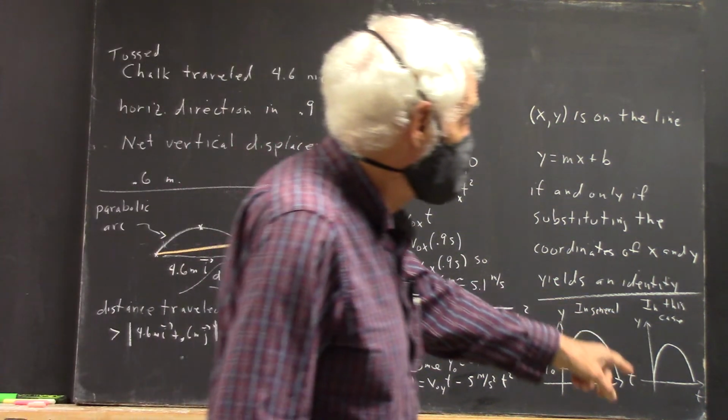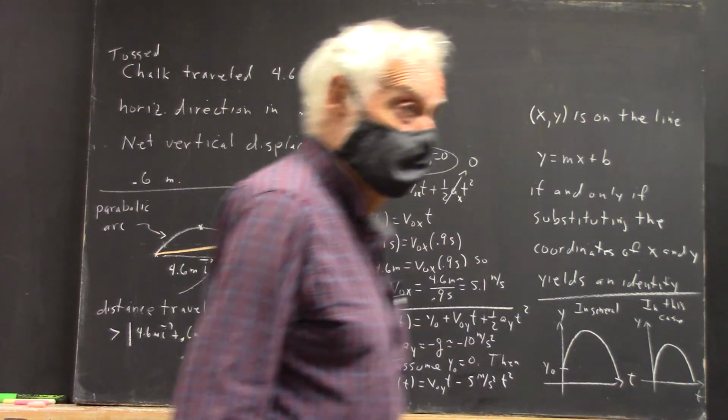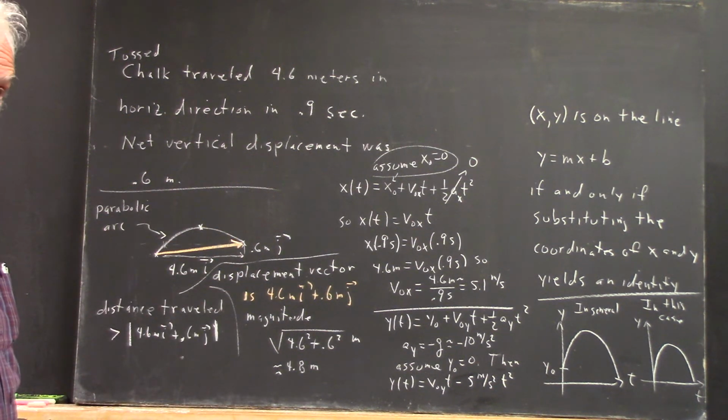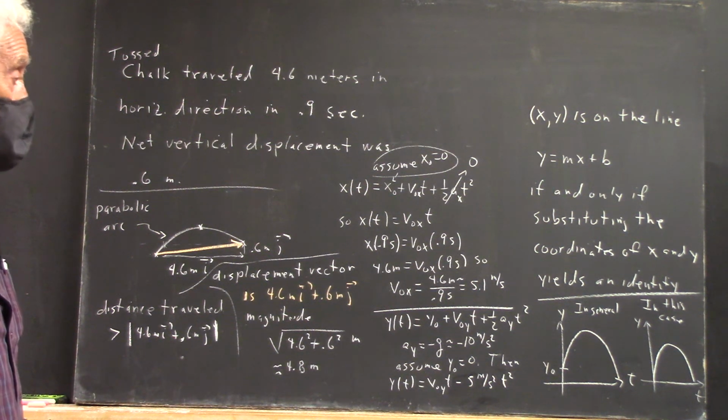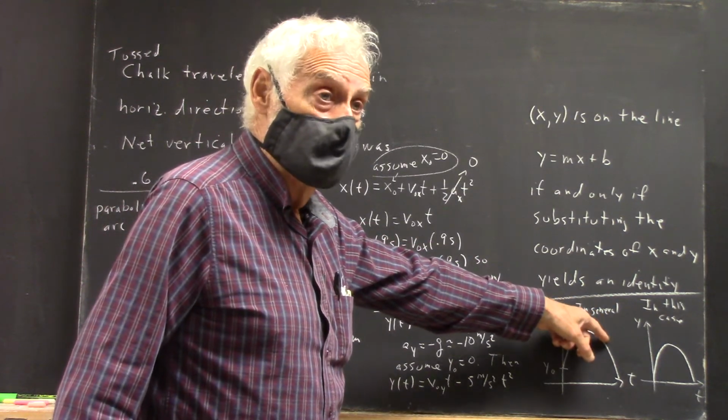And this is a little more abstract. This is y versus t. You can't see this. You can watch this arc, okay? That's not something you can physically see, though, but it's a representation.